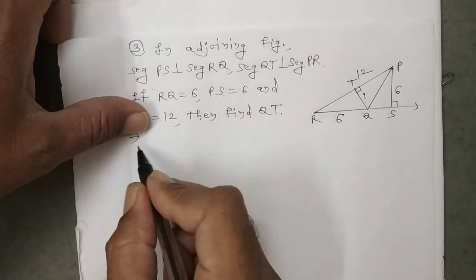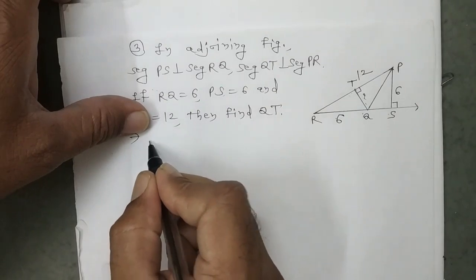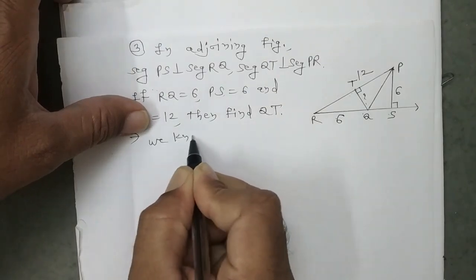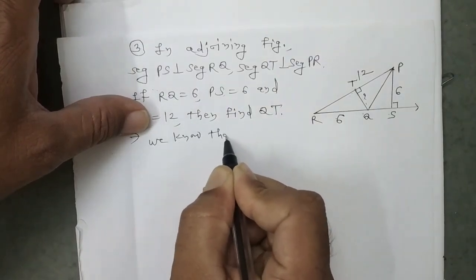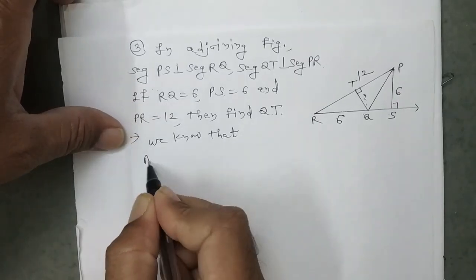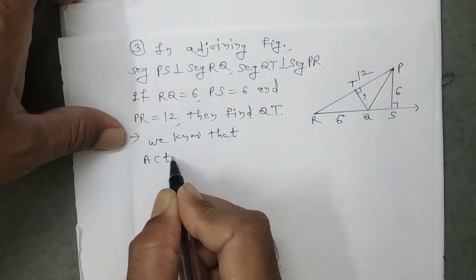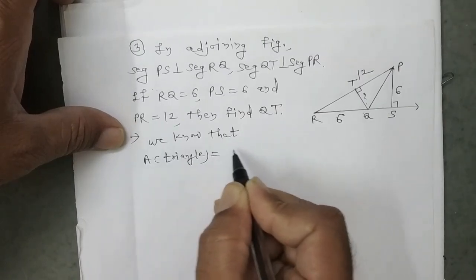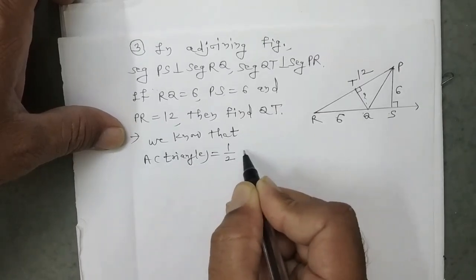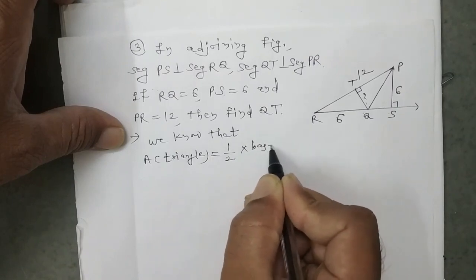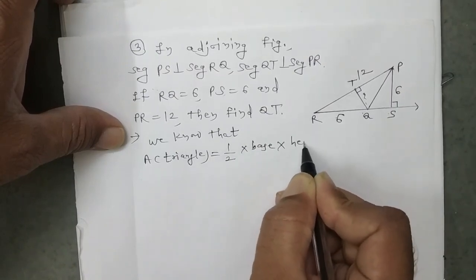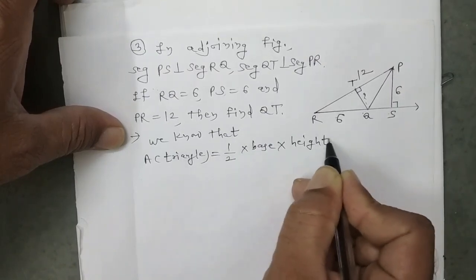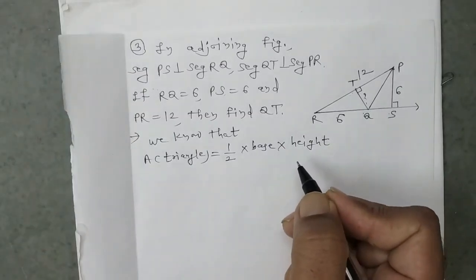Now we know formula. We know that area of triangle is equal to 1 upon 2 base into height.